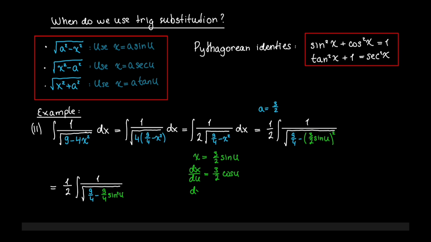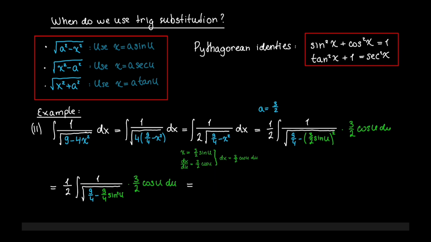In other words, dx is going to be equal to 3 over 2 cosine of u times du. And that is exactly what we are going to write here instead of dx. 3 over 2 cosine of u du.